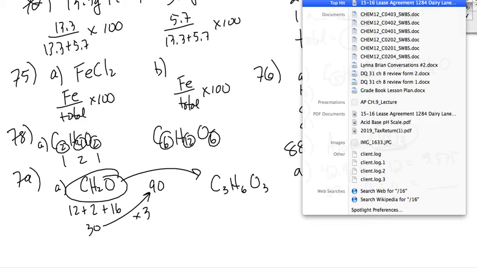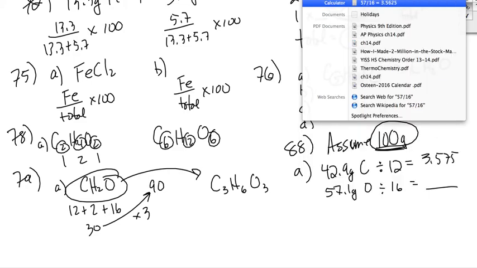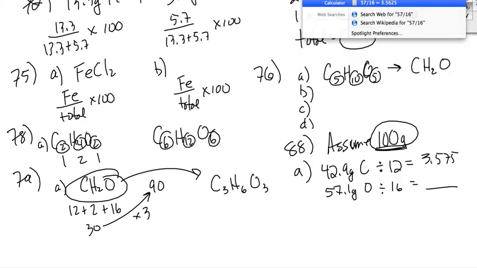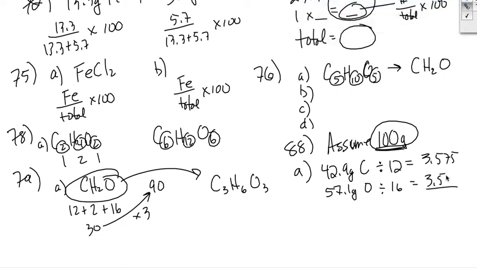So that's 3.5, about the same value. That's kind of nice. 3.5 something, and you divide each of them by the smallest. Well, they're about the same, so you're going to get a 1-to-1 ratio here. So this is carbon monoxide.